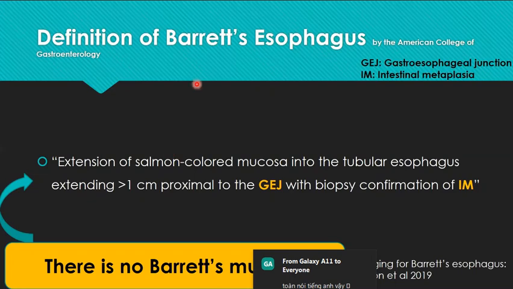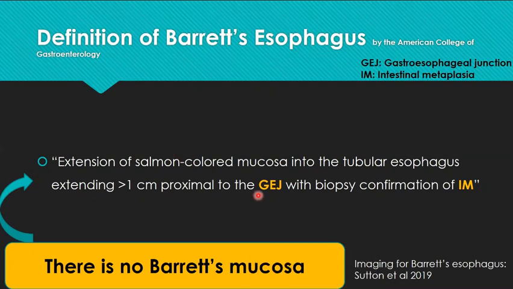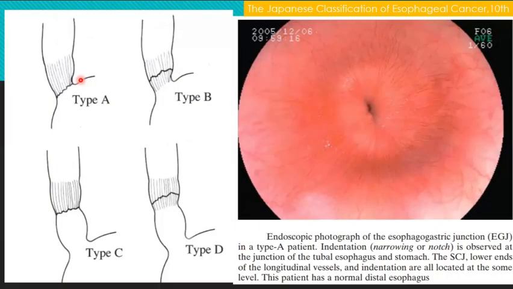Okay, back to the Japanese style, because we still need to learn something from the Japanese society. If we carefully look at the EG junction, there are 4 types. Type B is the hiatal hernia, and then columnar lined epithelium. These are 2 types of Barrett's esophagus, but the Japanese adopt that area as not yet Barrett's esophagus, but they call this Barrett's mucosa.